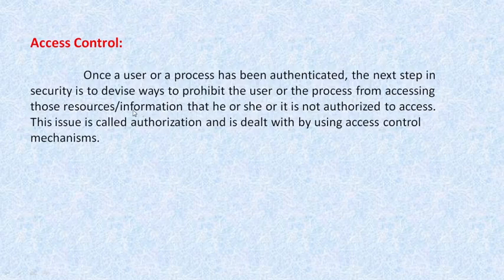So we have to prohibit the unauthorized rights of that particular data. This issue is called authorization and it is dealt with by using access control mechanisms. Means by implementing this access control mechanism, we can control the access rights of a user.